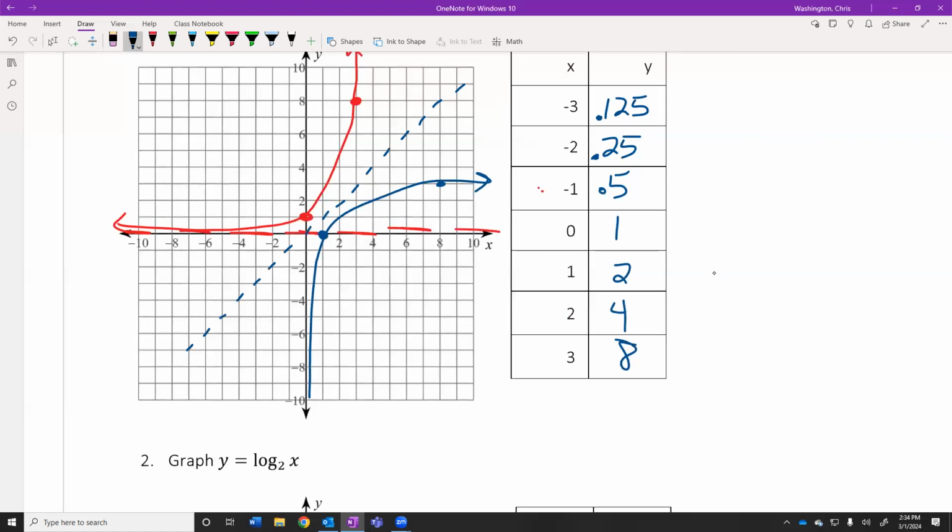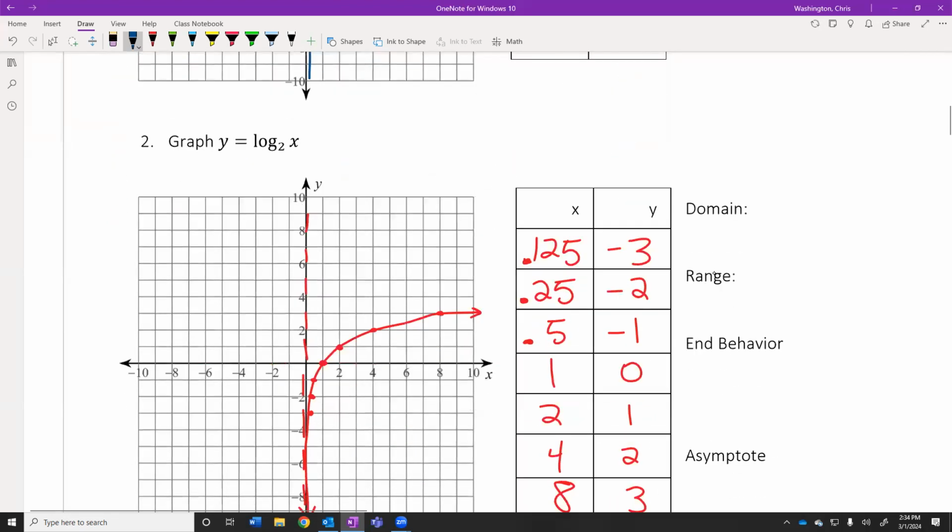And we do see that that symmetry does still exist for exponentials and logarithms because they are inverses. So when we say it looks like an exponential kind of turned sideways, it's really an exponential reflected over the line y equals x. And that's what's happening.